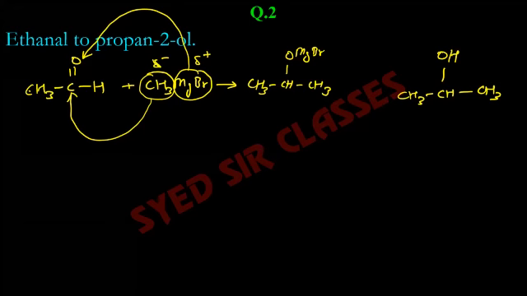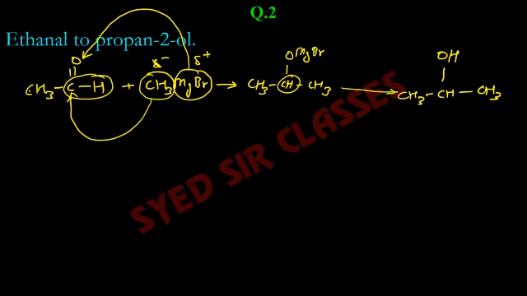CH3 got attached to the carbon and CH was already there, so that's why CH here, OMgBr. After that you do acidic hydrolysis. When you do acidic hydrolysis, this MgBr will get replaced by H plus, and you will get OH.